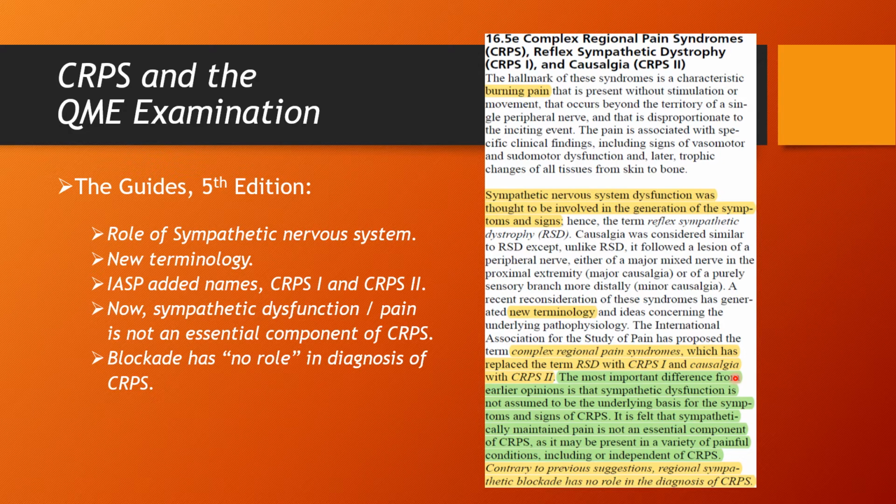And their reasoning is that CRPS may be present in a variety of other painful conditions, including or independent of CRPS. So see what they're trying to do, they're differentiating between the two, but they're drawing a line and saying that it's not a sympathetic dysfunction. Now, finally, they indicate that contrary to previous suggestions, regional sympathetic blockade has no role in the diagnosis of CRPS. You'll find this to be a discrepancy that we'll talk about later.